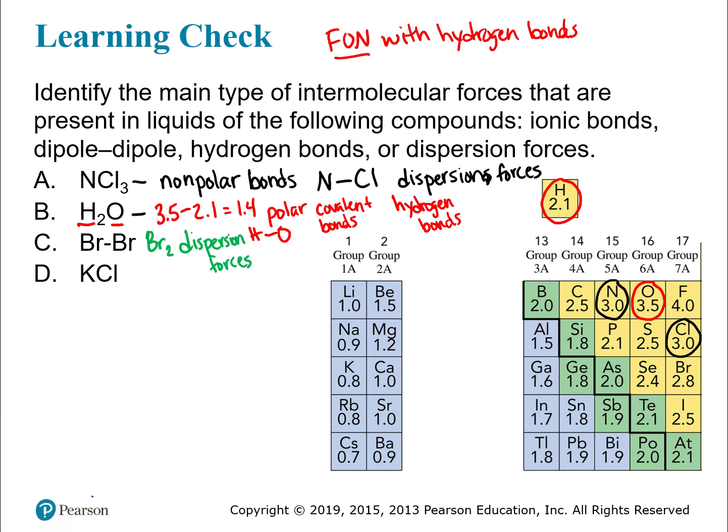Last but not least, we've got KCl. Now we already see potassium is a metal, chlorine is a nonmetal. So that clues you in that we're looking at ionic bonding here in general, and that the interactions between these molecules is also going to be ionic.